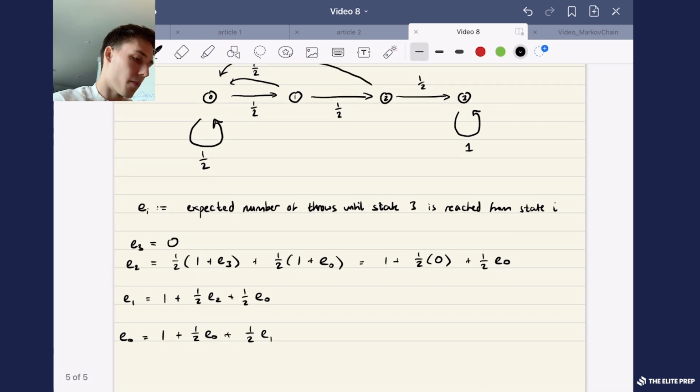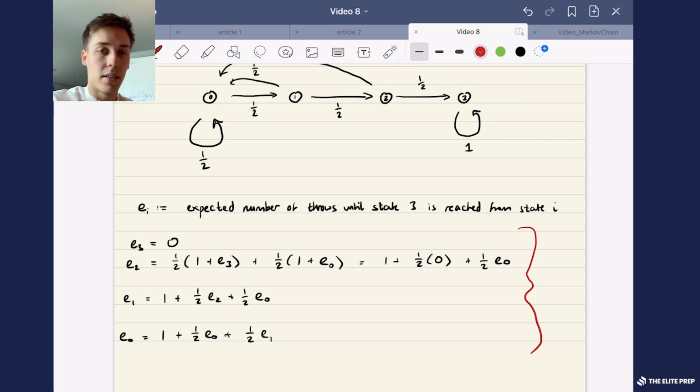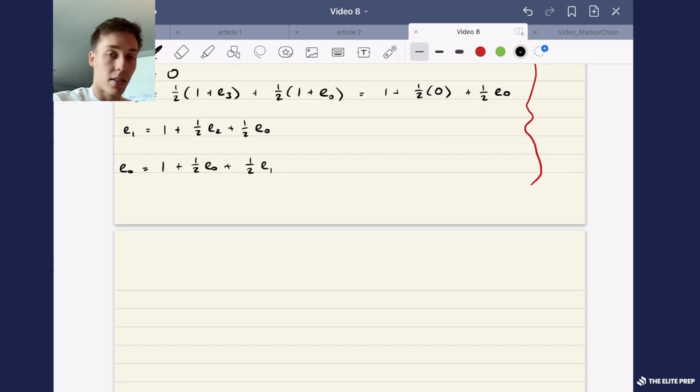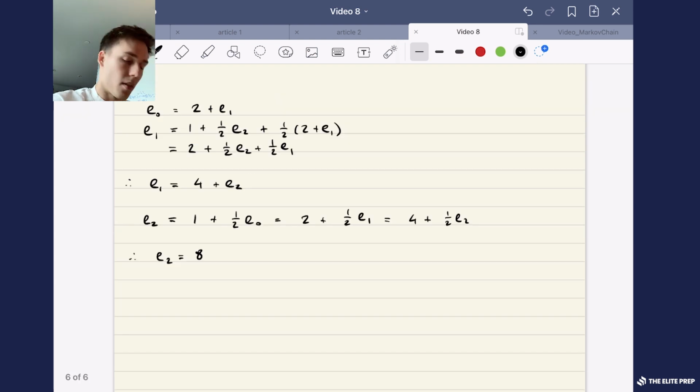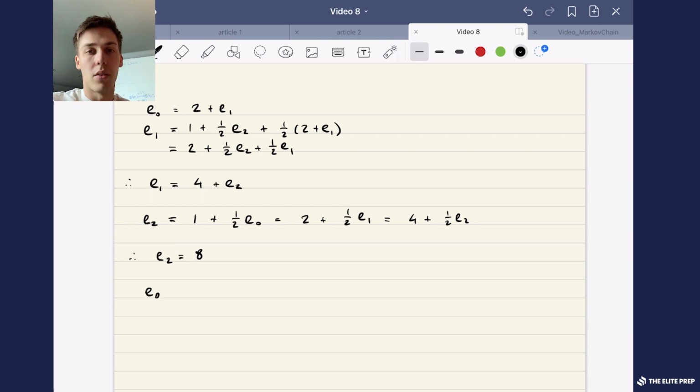So now the question boils down to solving these equations simultaneously. Going through this computation, after we have these formulae, we can find E0, because E0 was the expected number of steps to reach state 3 from state 0. So therefore, the expected number of steps is 14.